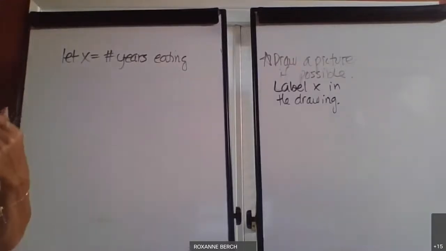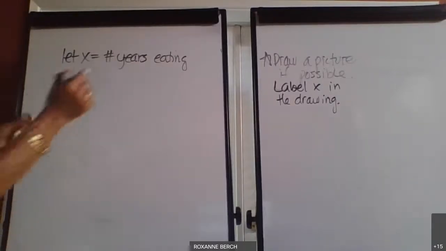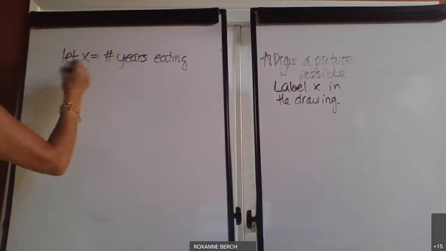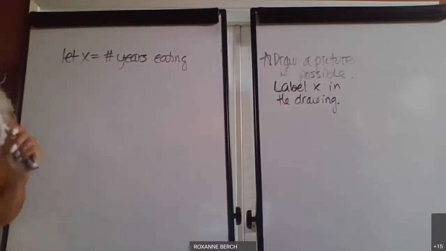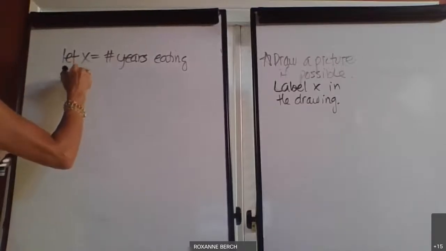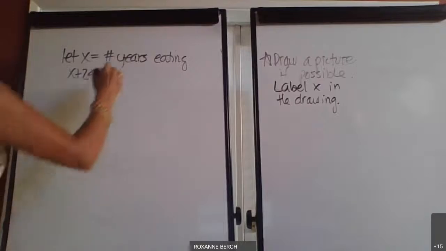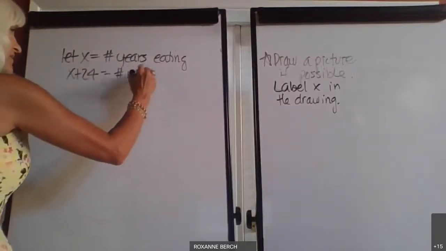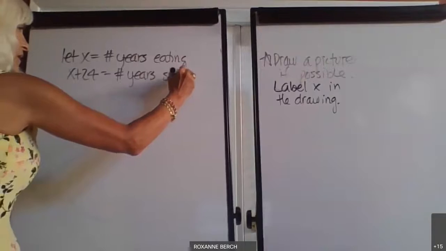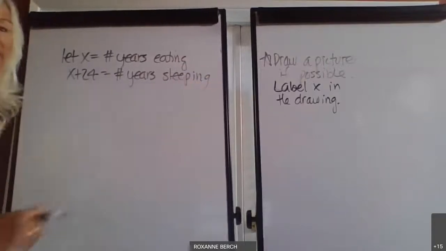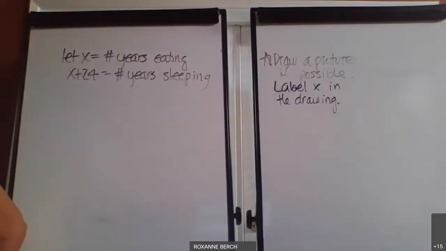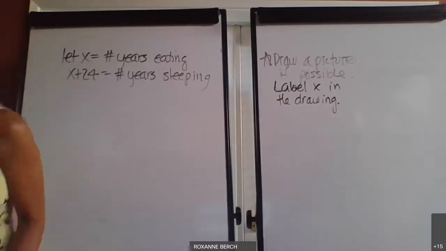If we let X be this, then X plus 24 represents the number of years sleeping, because of what the writing's saying. It says that the number of years sleeping will exceed the number of years eating by 24.